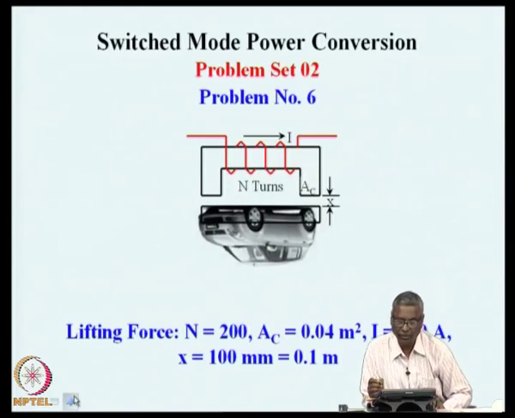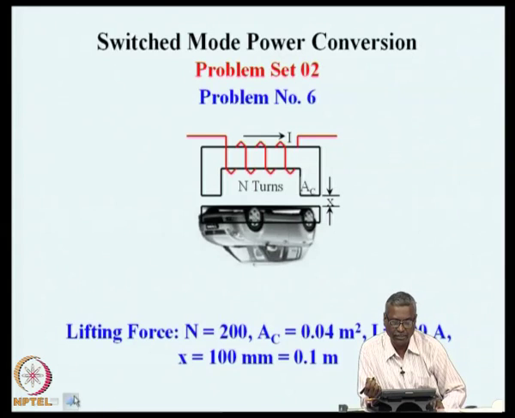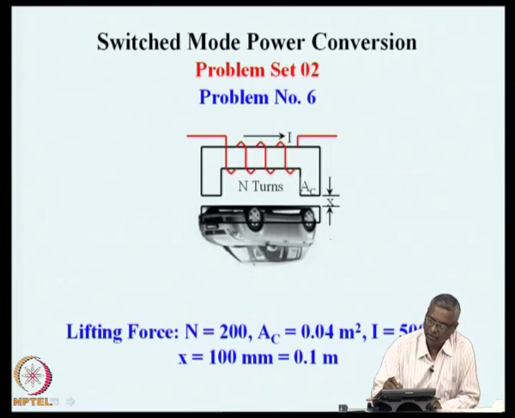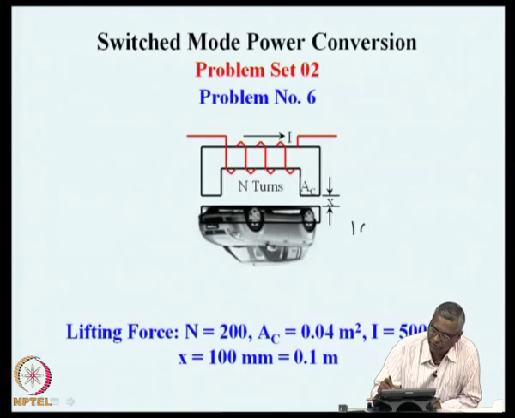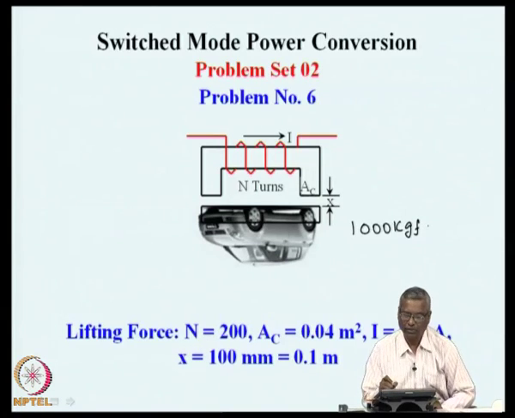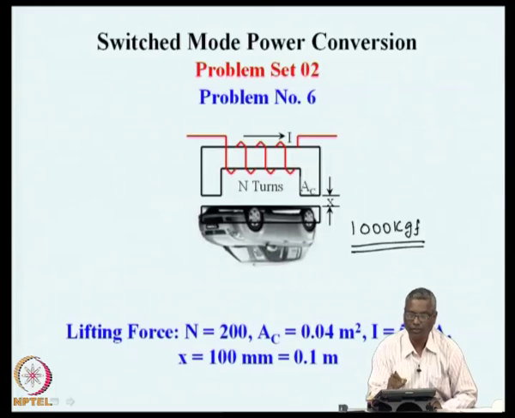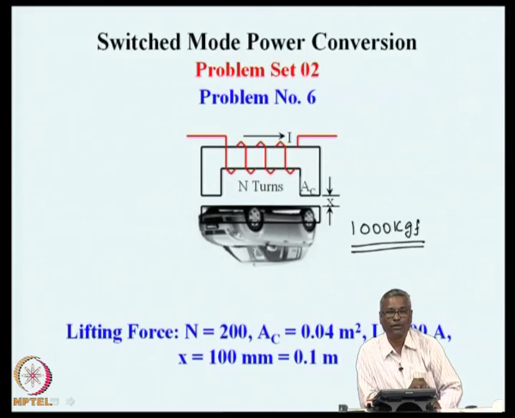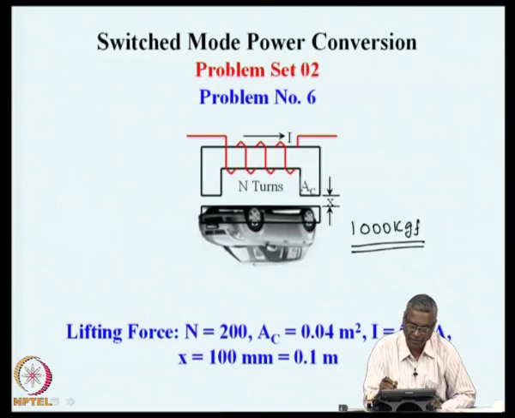You will have seen that in junk yards, the condemned cars are lifted and compressed in order to make them for scrap. In such a case, a typical Maruti car has a weight of about 1000 kg. So, with such a magnet, it is possible to lift a load of that nature with this kind of configuration.